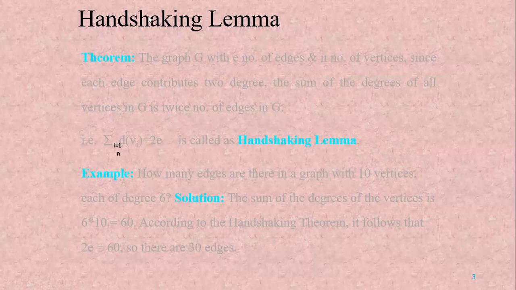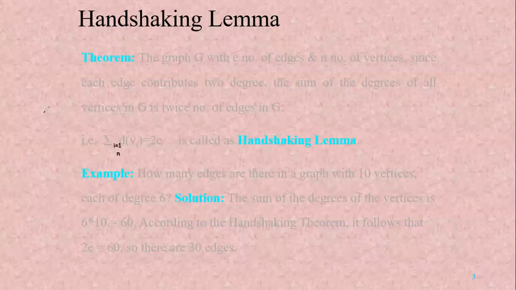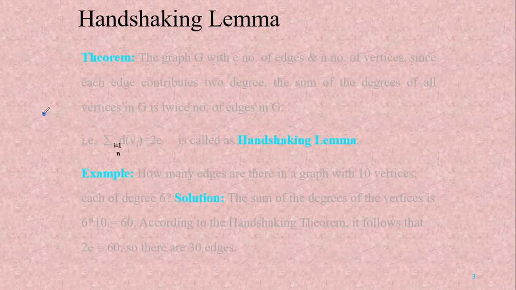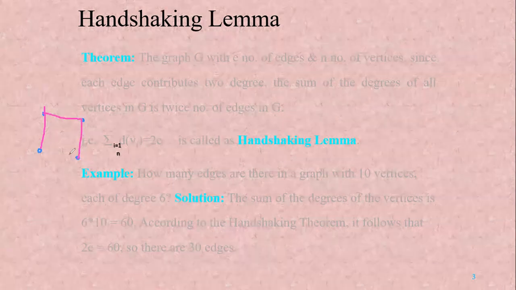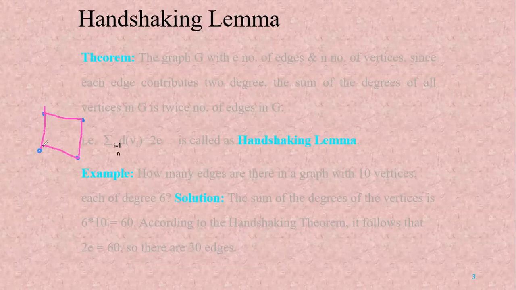I explain with one diagram. Vertex 1, V2, V3, V4. Next, edges E1, E2, E3, E4 and E5.